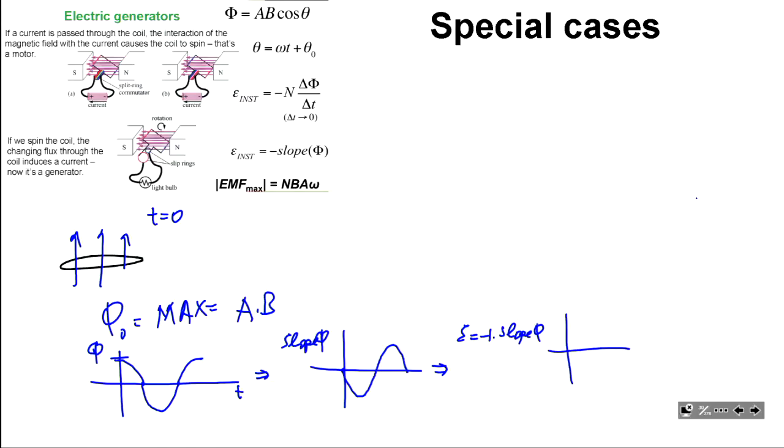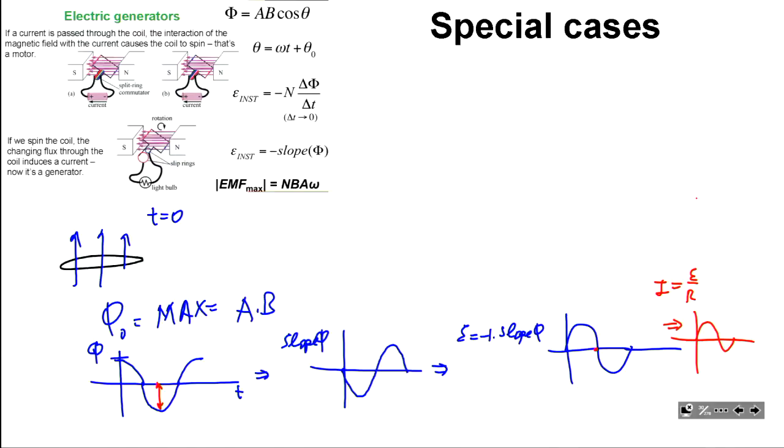So we have to flip the graph. And what we can see, for example, is that when the flux reaches its maximum value, at this instant, EMF is 0. Or if we are calculating electric current, the graph for electric current will have exactly the same shape as the graph for EMF.